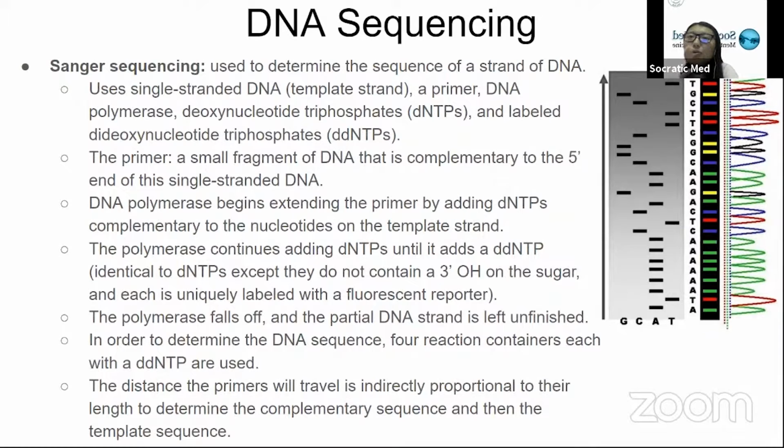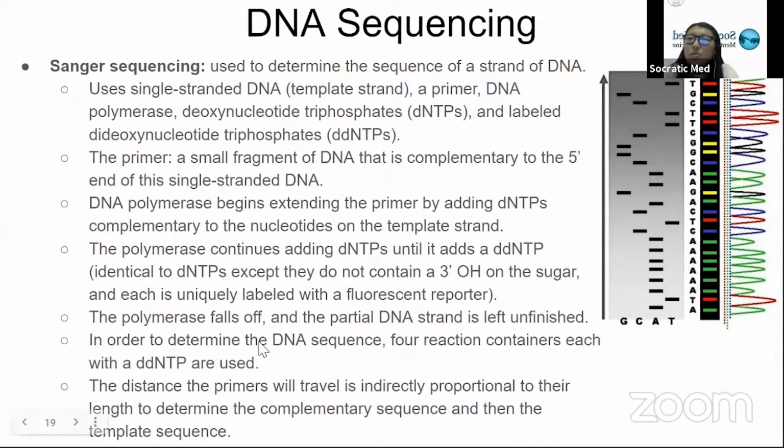Once the polymerase stops at that ddNTP, the partial strand is left unfinished, and it breaks off like that every time this process repeats.